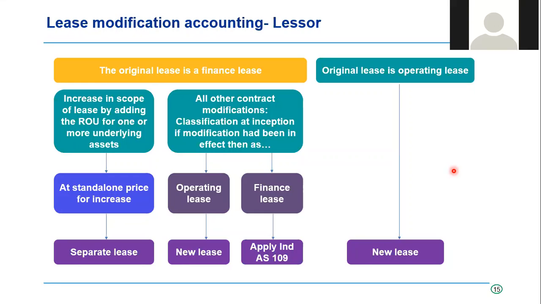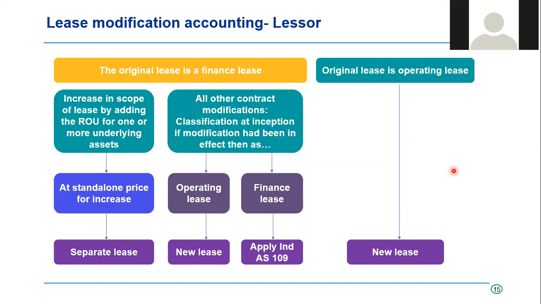What the accounting guidance states is, in such a situation, if the original lease was an operating lease and there is a modification to that operating lease, what you would need to do is take out all the new cash inflows under the revised terms and adjust the lease equalization amount.